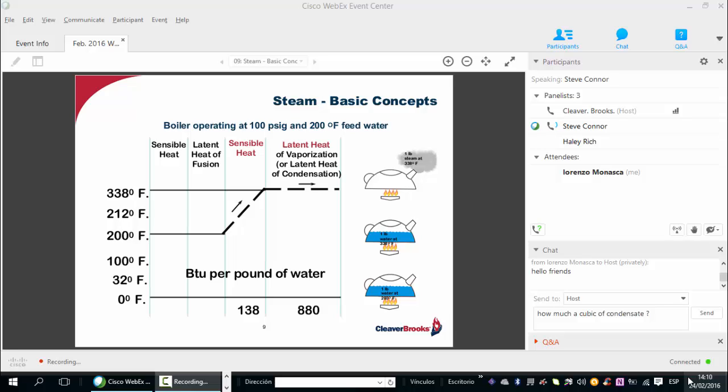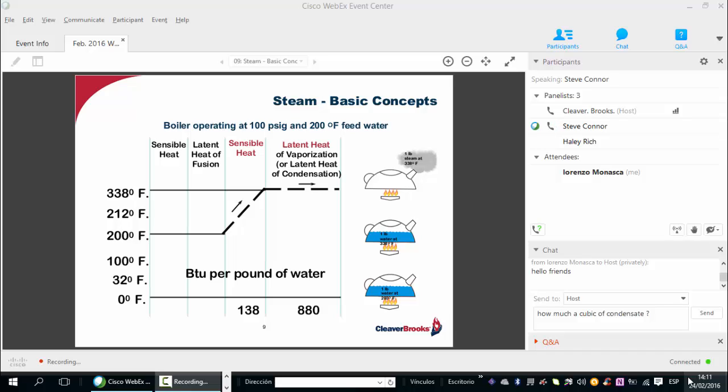Referring to any steam table, you will find that at 100 psig, water is saturated at 338 degrees Fahrenheit. In other words, this is when it gets to boiling point. This means if any more heat is added in the form of BTUs, it will change state and become steam, which is what we want.